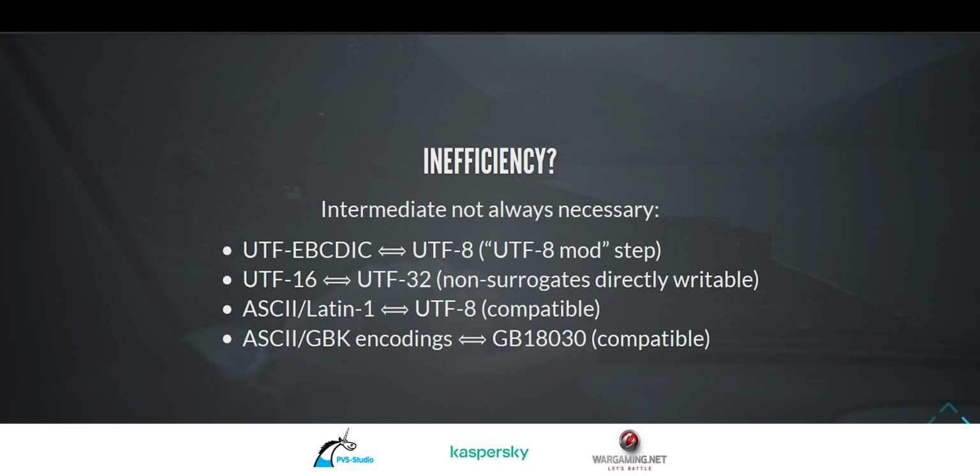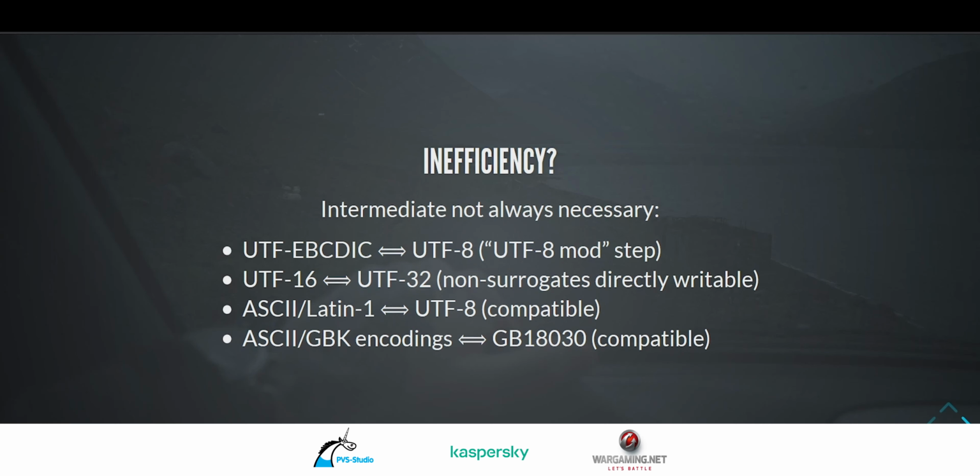And I used the example of UTF-8. And the idea here is that UTF-EBCDIC has an intermediate step called UTF-8 mod, right? So why would I go from UTF-EBCDIC to UTF-8 mod to the actual UTF-32 code point and then loop back around and start trying to cram that same code point into UTF-8, right?